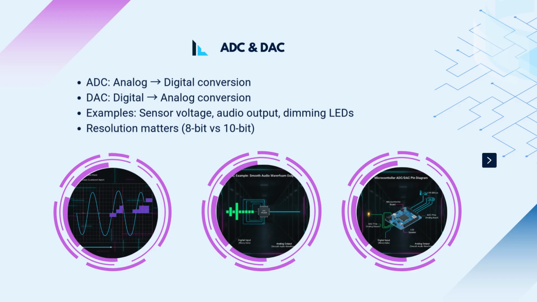For example, a 10-bit ADC divides an input range into 1024 steps for precision. On the other side, DAC, digital to analog converters, do the reverse. They take digital signals and convert them into smooth analog signals, useful for generating audio, controlling motor speeds, or dimming lights. Together, ADC and DAC are the translators between the real world and the digital brain of embedded systems.